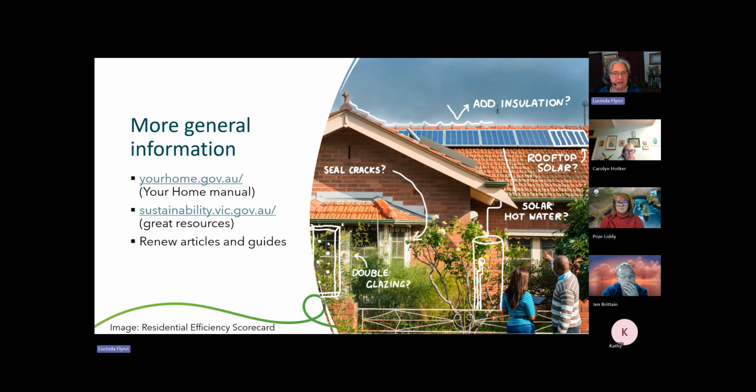So just a couple of other resources. The Your Home Manual and Sustainability Victoria are both fantastic resources with lots of information and downloadable information. And also Renew, which is a not-for-profit organisation that has a lot of articles about different things and examples of how people have done things. That would be a good place actually for draft sealing information.